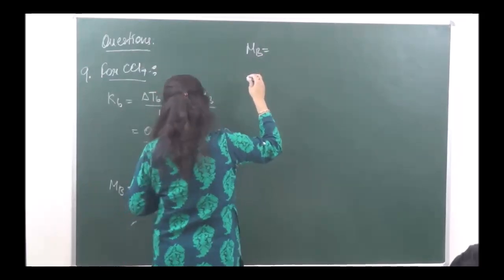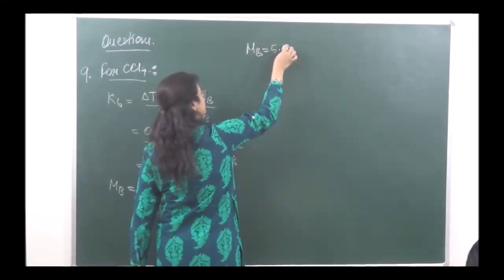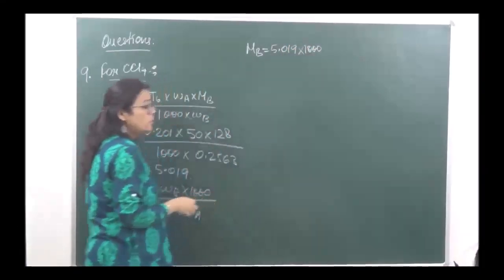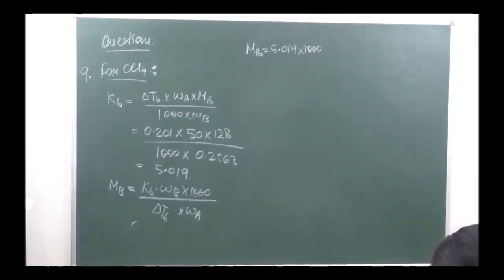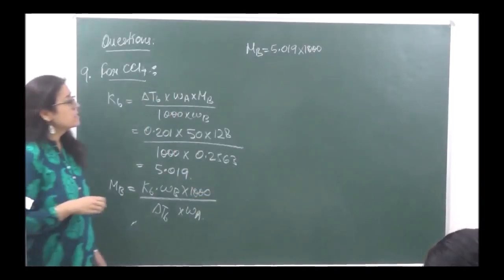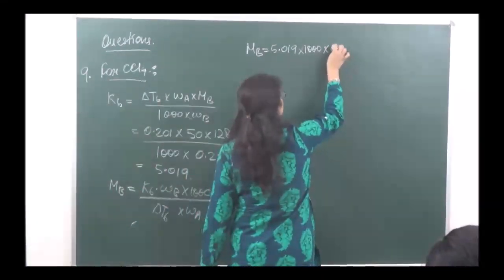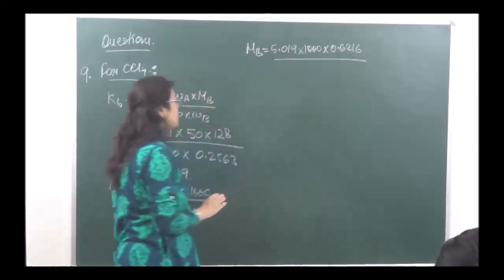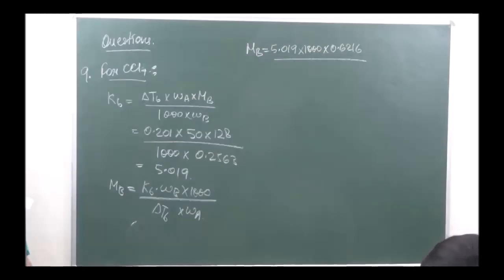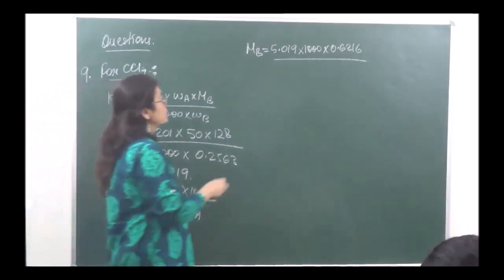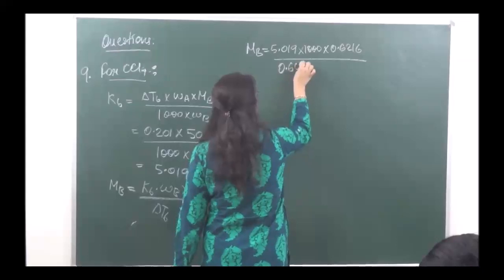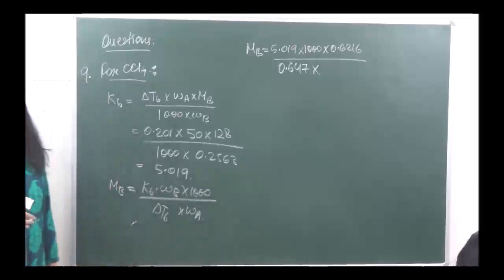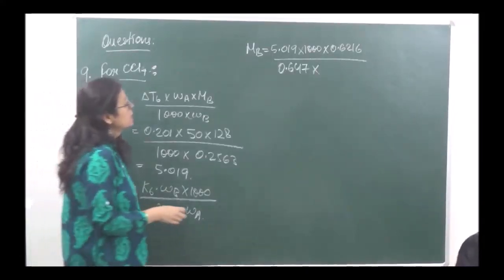Kb is 5.019 into 1000 into Wb, given in the second part, 0.6216, upon delta Tb, given to us in the question as 0.647, into Wa, the weight of the solvent, given to us as 50.